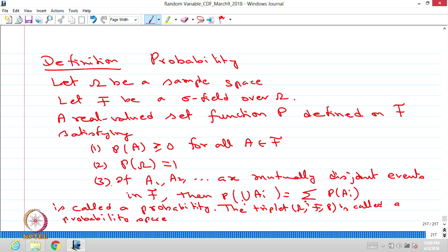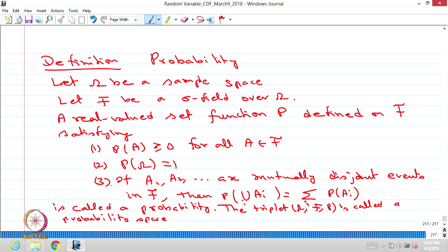But if you see the second condition, P of omega is equal to 1. If you recall, F consists of elements starting from the empty set, singleton elements and all the possible elements and so on, finally you have omega. The P of omega equal to 1 makes the real valued set function defined from F to R have the range from 0 to 1.